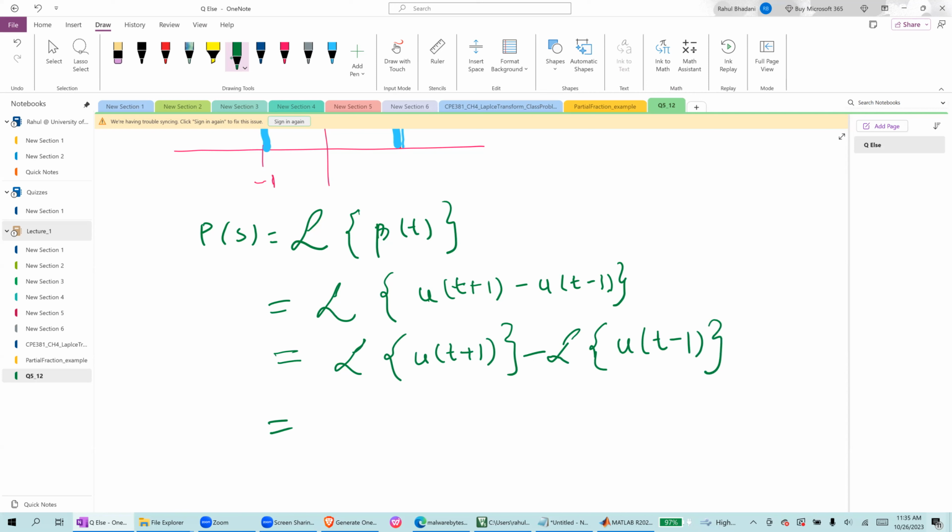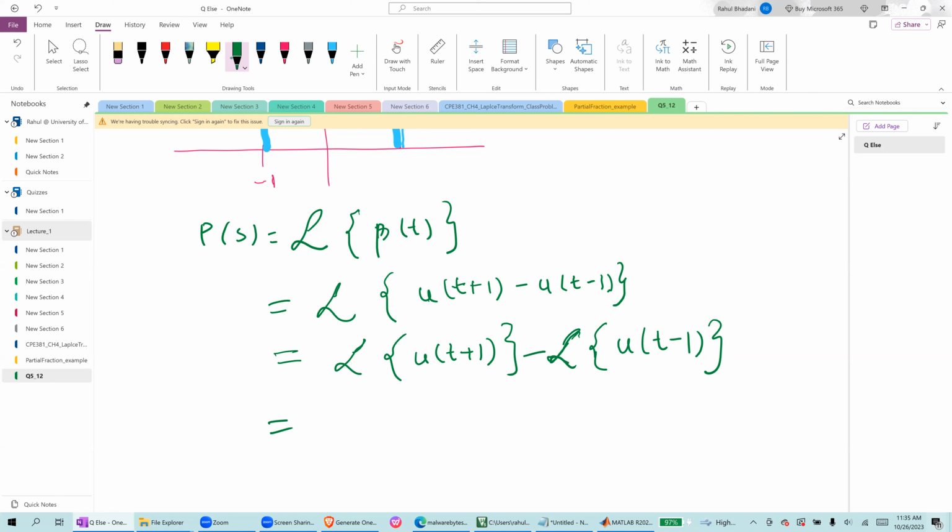We need to use two properties in that case. One is the time shifting property: if the time domain signal is time shifted by alpha units, then you will have an exponential e to the power minus alpha s term in the Laplace domain.